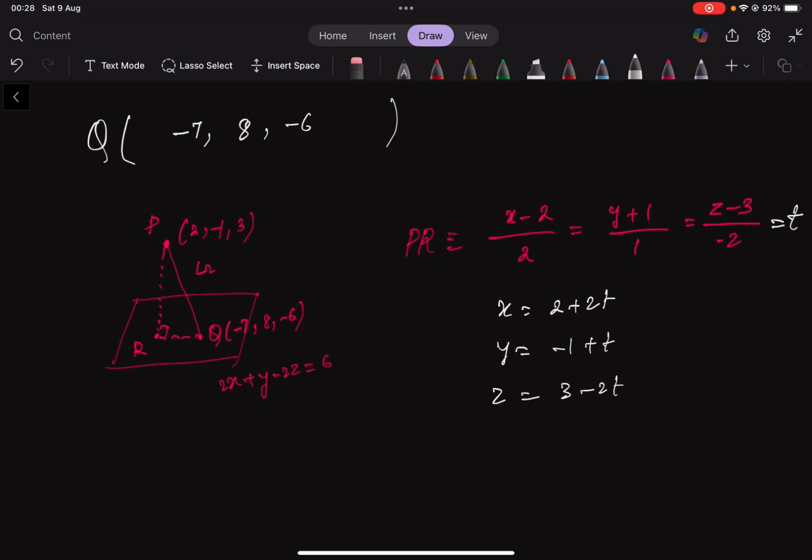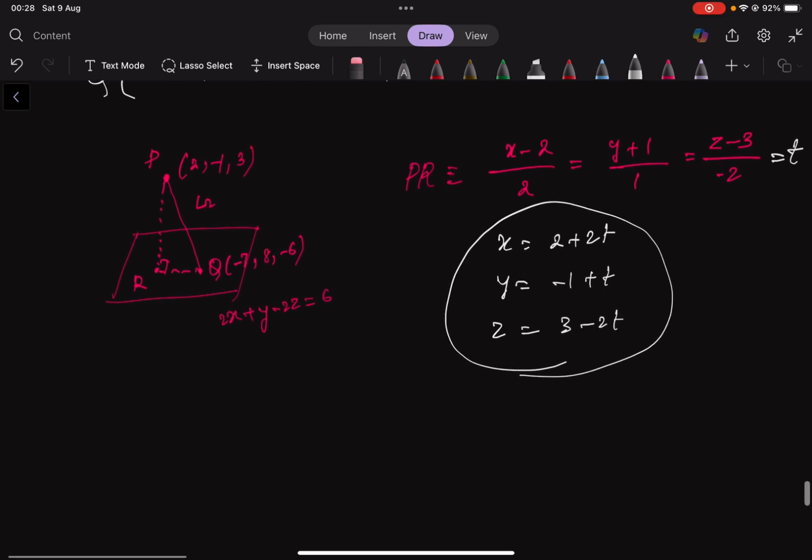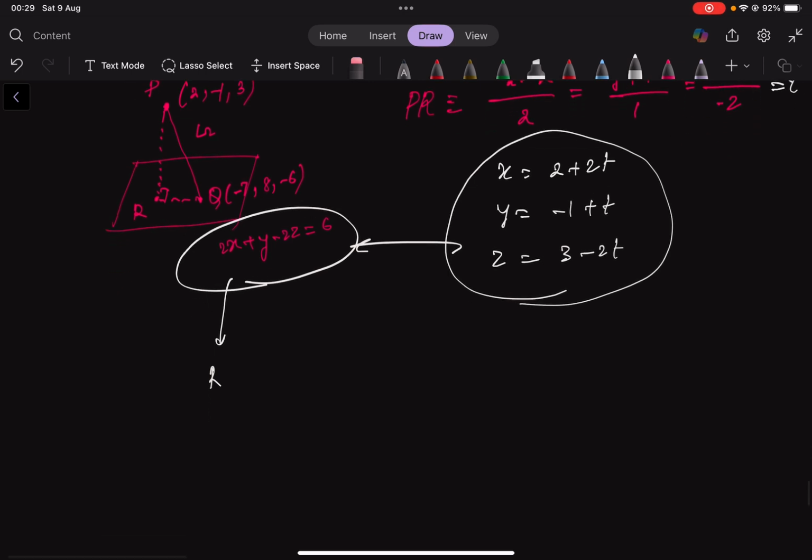Now if I substitute this into the plane equation, I'll get the R value, because R is on the plane as well as on the line PR. So by solving these two equations we'll get the value of R.